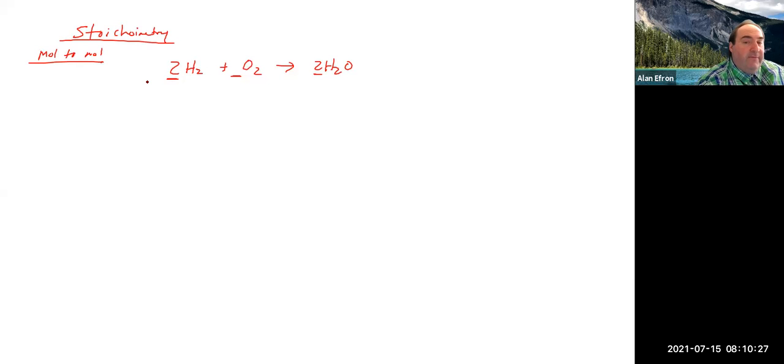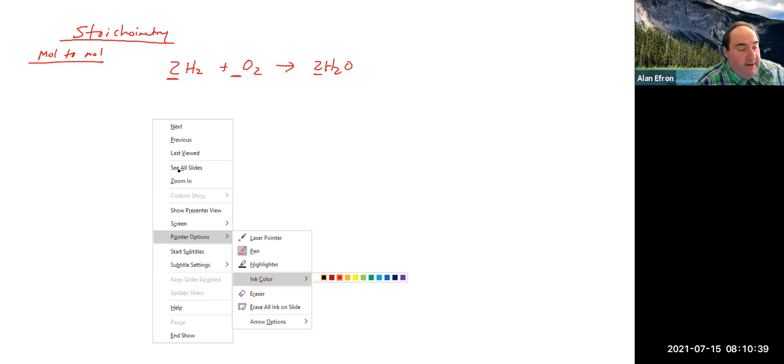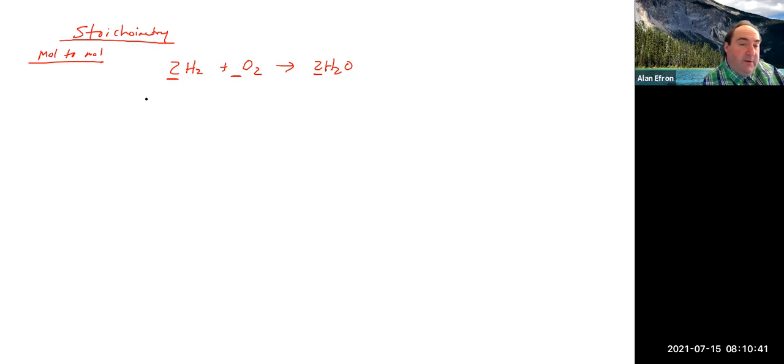So from an equation like this, a balanced equation, by the way, none of this will work correctly if your equation is not balanced. So it's really important always to make sure that you do have a balanced equation. But from this one equation, we could come up with several equalities. We could say that for every 2 moles of H2 I toss in there, I also need to toss in 1 mole of O2.